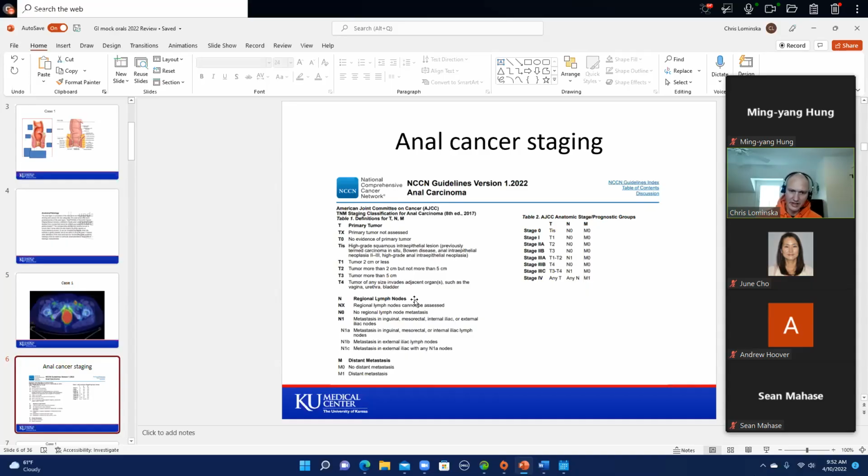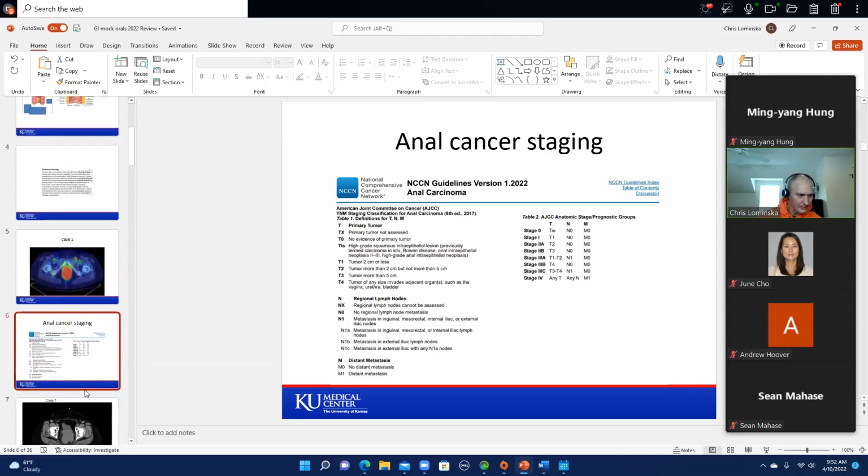But short of that, pretty much everyone that I talked to got this right. I wouldn't stress over it excessively. I will point out this is a change from the 7th to 8th staging editions. Inguinal nodes used to be N2 and they are now N1A.